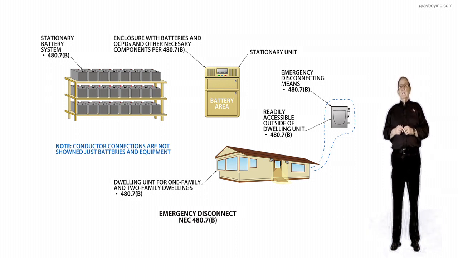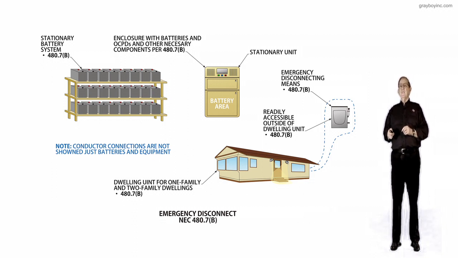Now, there is some information in the callouts that I think are important. First, right at the bottom where it shows a dwelling unit for one family and two family dwellings, notice we would review 480.7(B) for that information.